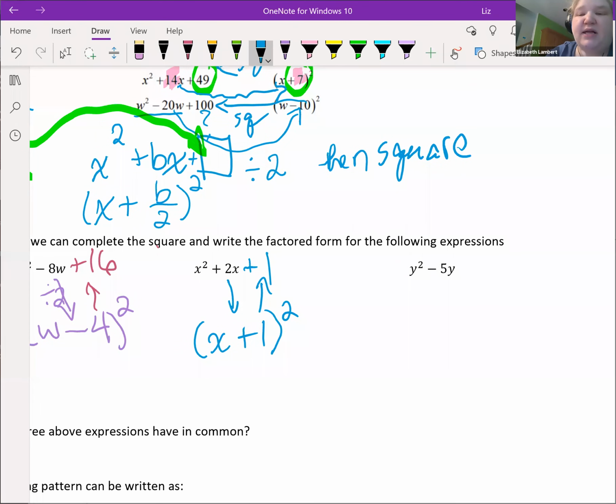So we could have something like this with an odd number. We could even have a decimal or a fraction here, just as long as the squared term has a 1. All right, so half of negative 5 would be y minus 5 halves. And then the square of that, I'm going to write it.